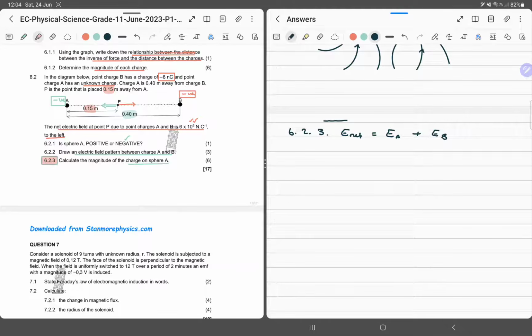Great. And then, of course, do indicate somewhere we're choosing the direction to the left as positive.